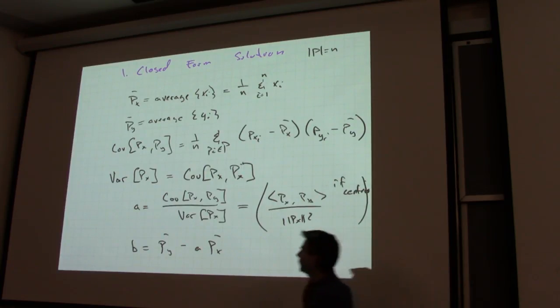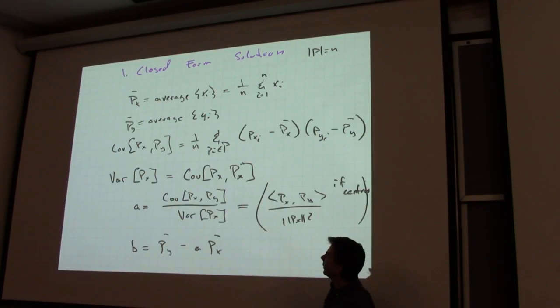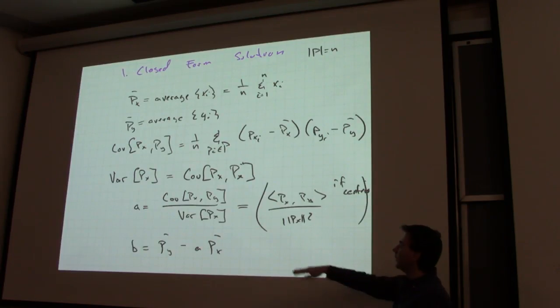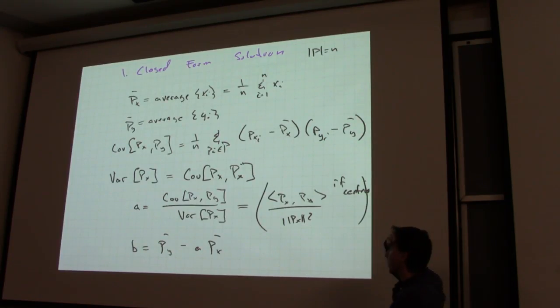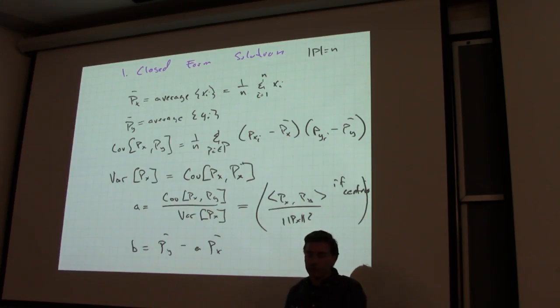So it's just the average of the y coordinates minus a times the average of the x coordinates. This is just saying the offset, so that the line goes through the mean of the data points.